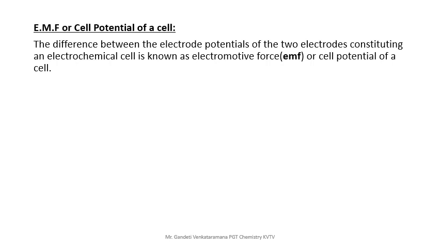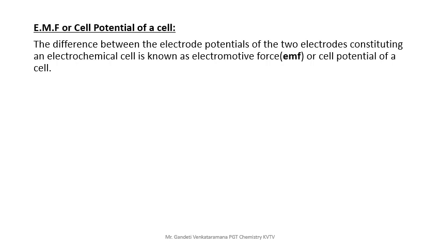While defining the EMF, electromotive force of a cell, now we are taking two electrodes. Check the statement: the difference between the electrode potential of the two electrodes constituting an electrochemical cell. What is an electrochemical cell? Already we studied, an electrochemical cell is a combination of two half cells.